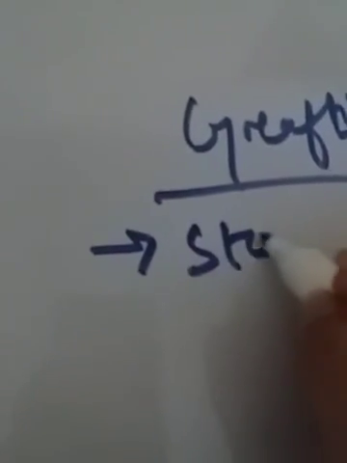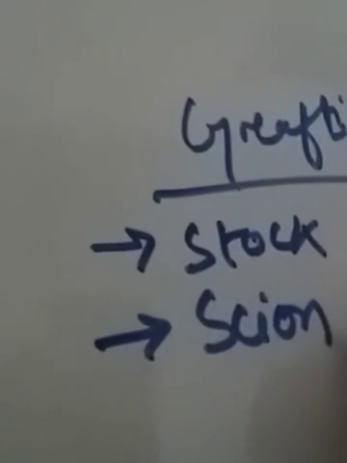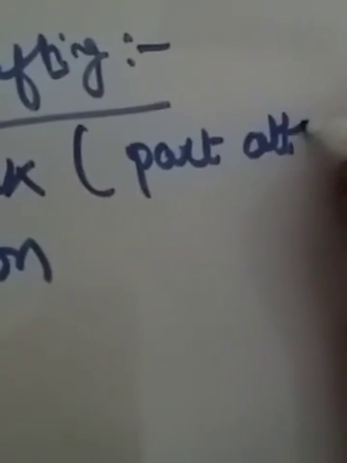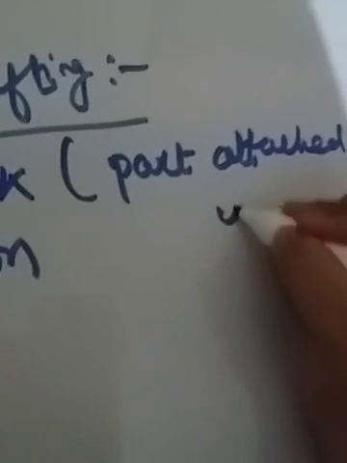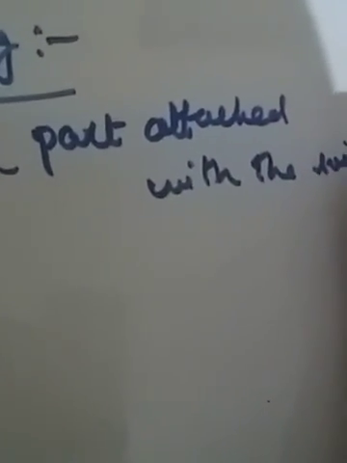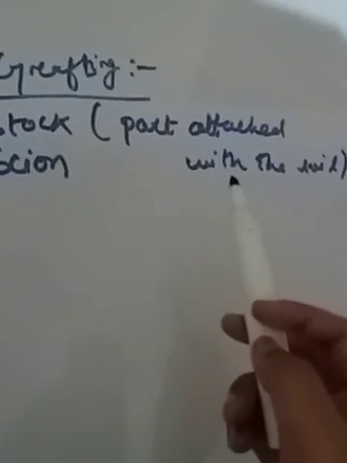In grafting we need two things. One is stock and the other is scion. Stock and scion. What is stock? It is the part that is attached to the soil. The part attached to the soil means the first thing we come across, or the thing that strikes our mind at first sight.